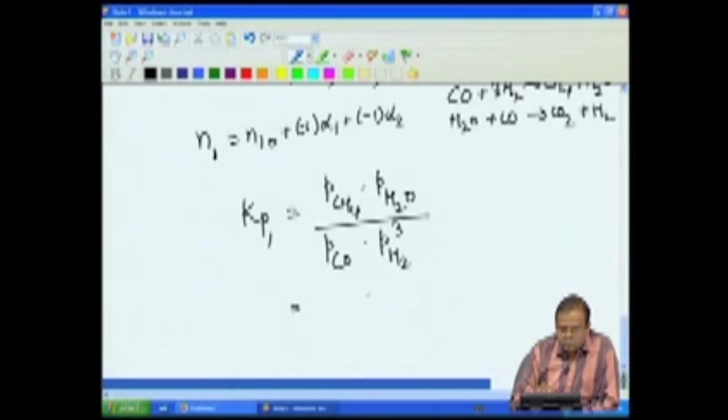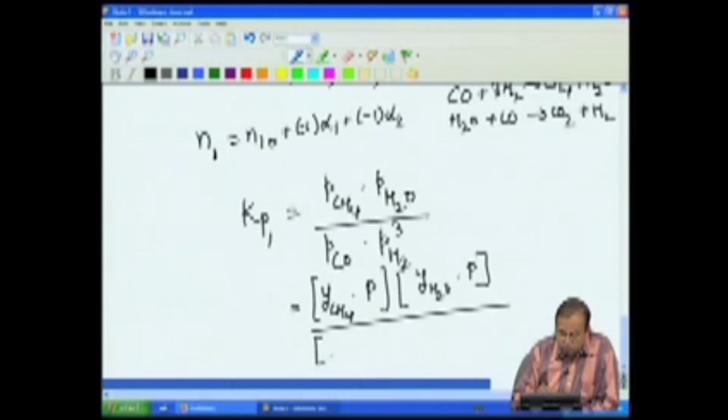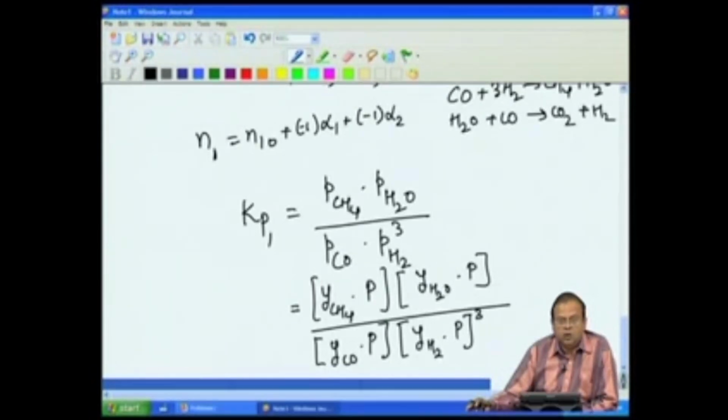I can write this in terms of mole fraction of methane into total pressure multiplied by mole fraction of water into total pressure divided by mole fraction of CO into total pressure, and similarly mole fraction of hydrogen into total pressure raised to 3.